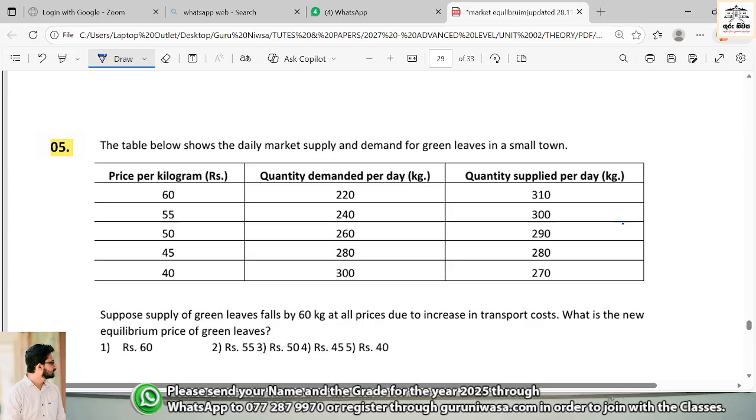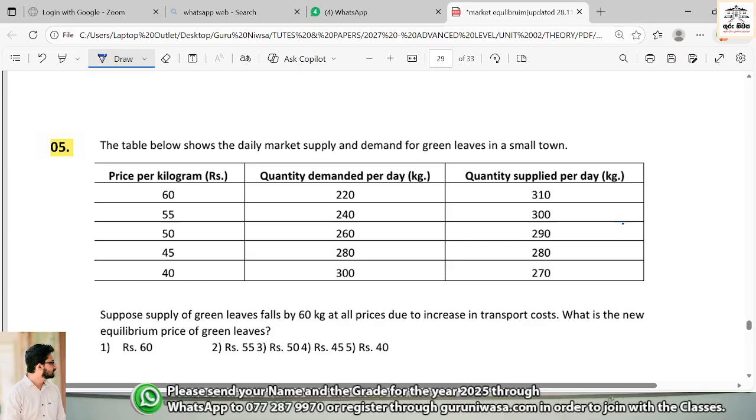Can you tell me the original equilibrium price for green leaves in this market? 45.